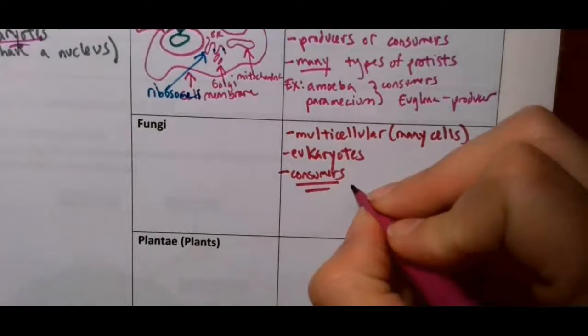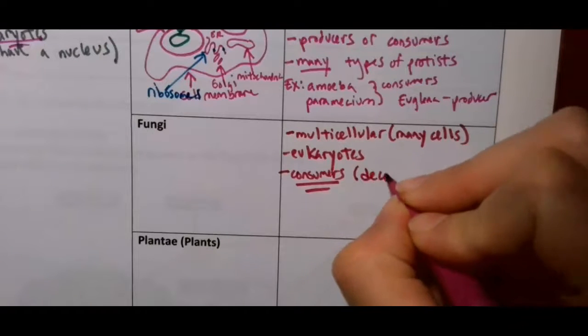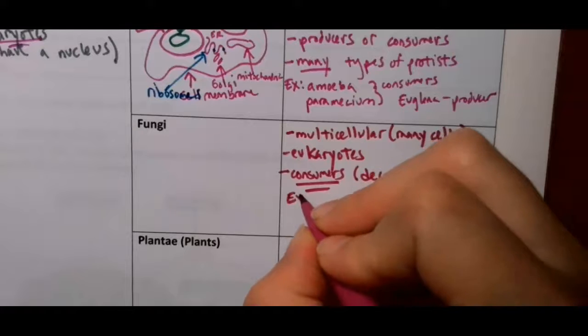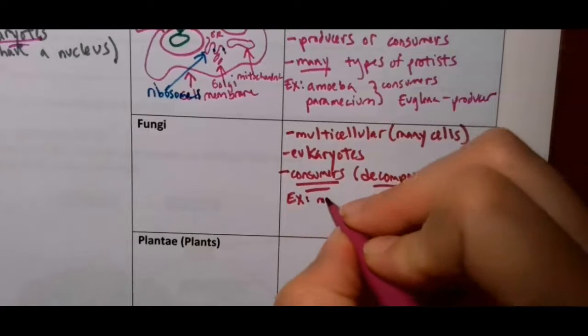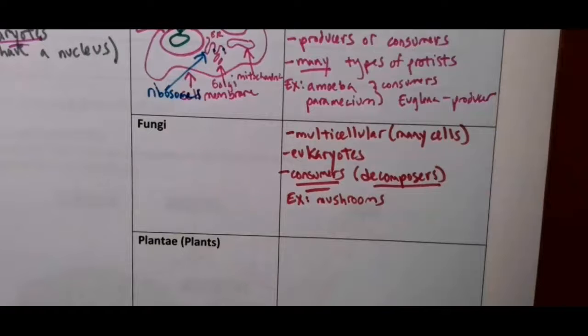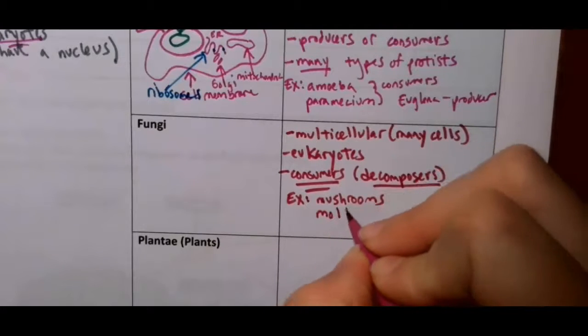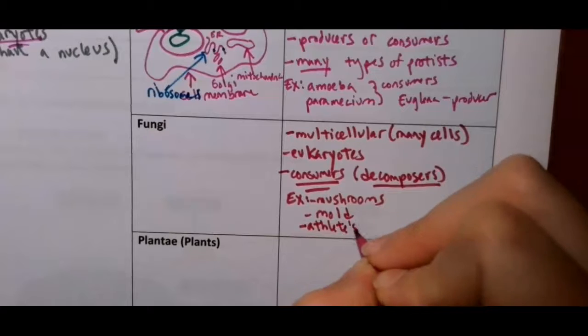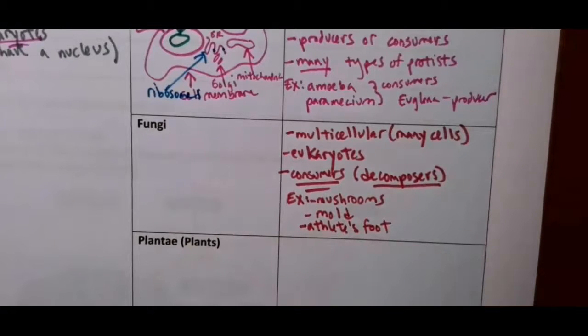They're consumers, and they're a type of consumer known as decomposers. We have lots of examples. Mushrooms are fungi. Mold is a fungi. Athlete's foot, which is a disease people can get, is a fungi.